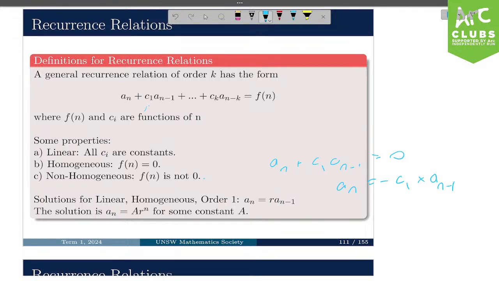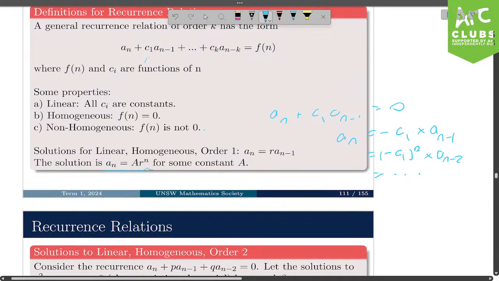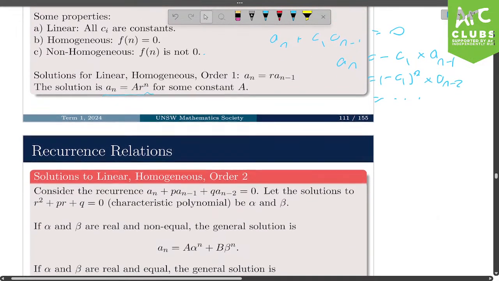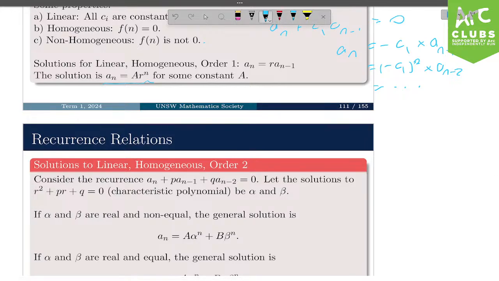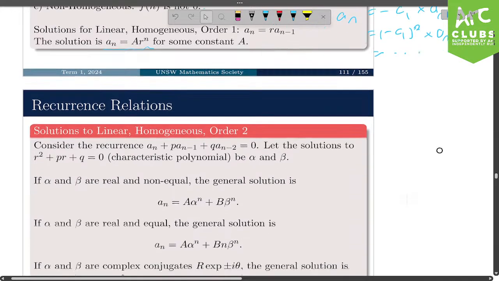And you can kind of see that the formula for a_n is just going to be minus c_1 to the power of n times some constant, because you just do it again: it's equal to minus c_1 squared times a_{n-2}, and so on. So you can kind of see why this is true. I won't dwell too much on it. I don't really think you need to know why it's true for this course. You can just assume it's true, but it should be relatively intuitive.